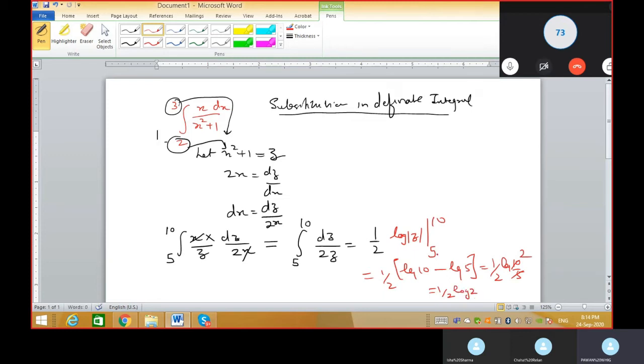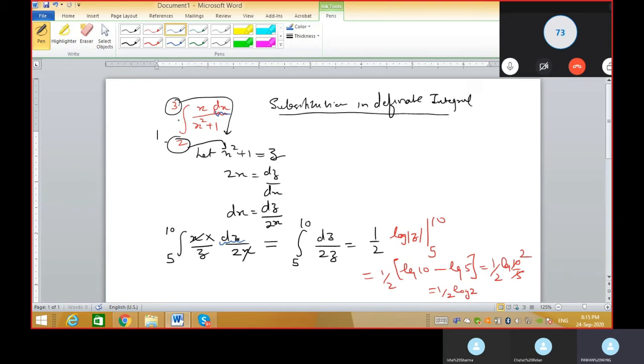Now you may have a question in your mind, why did we do it like this? Why not put the values 2 and 3 here? Actually, see, these limits are related to dx. When it is dx, your limits are 2 and 3. Since you changed this dx to dz, you can't substitute 2 and 3.